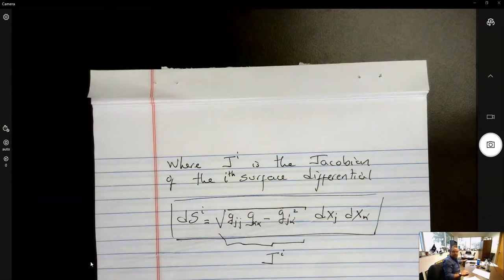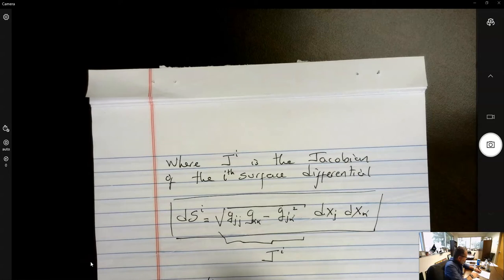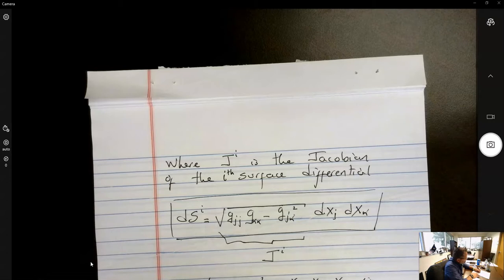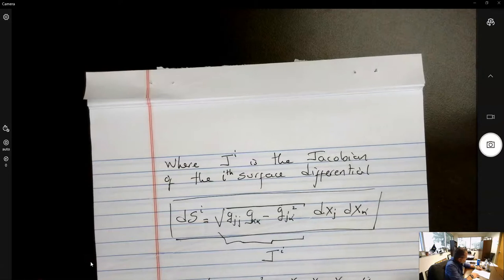Now notice that if the system x1, x2, x3 is orthogonal, then gjk is equal to 0 for j different than k.